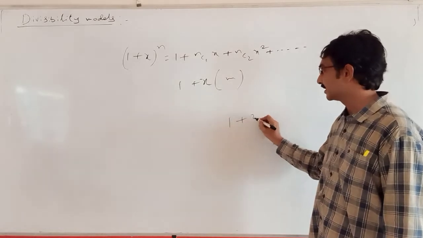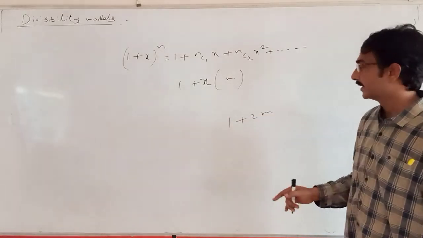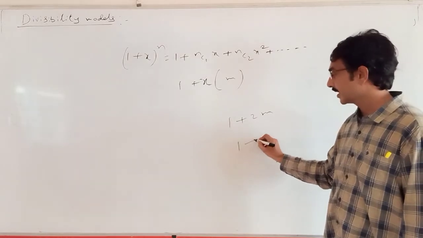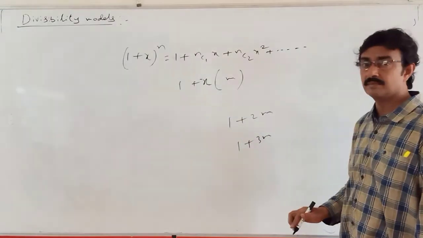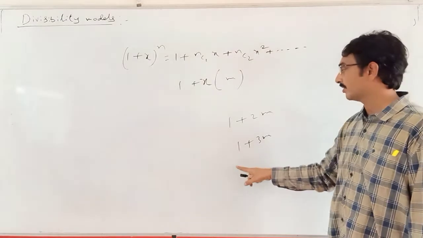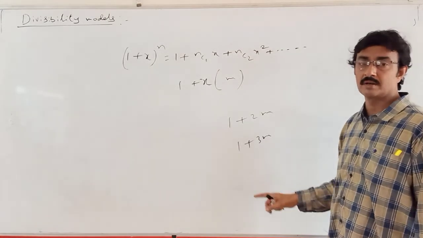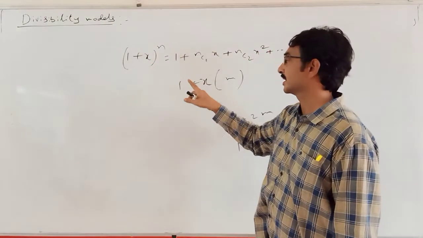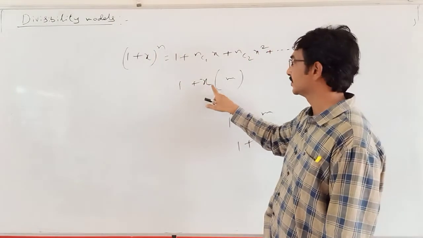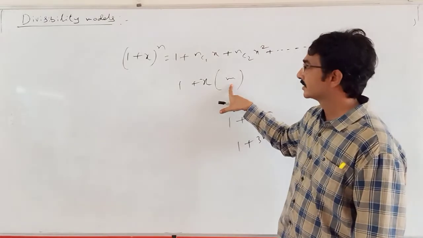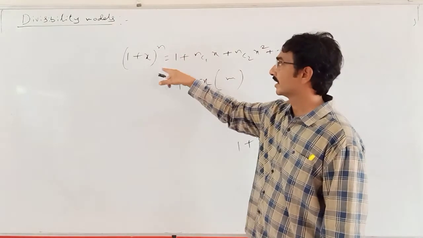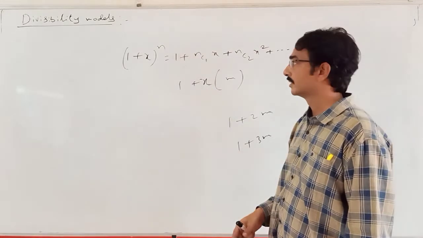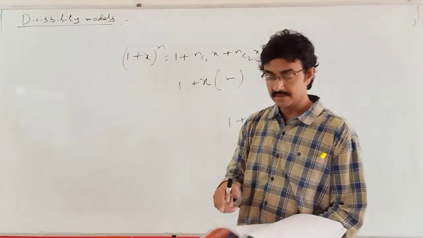If a number is in the form of 1 plus 2m, then the remainder when divided by 2 is 1. If a number is in the form of 1 plus 3m, then the remainder when divided by 3 is 1. So (1 plus x) whole power n can be expressed as 1 plus x into some integer, so the remainder when divided by x is 1. That's the first class instruction here.